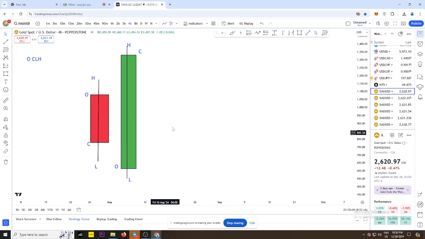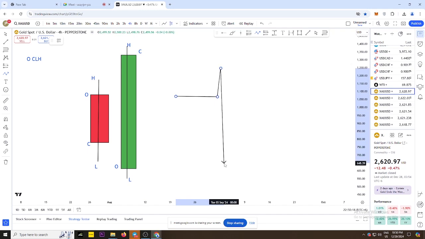I'm telling you why. If you look at the first candle, it started here, goes up, comes down, creates the low, and closes here, right?